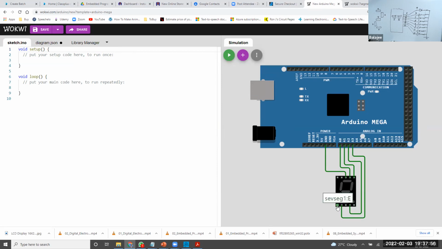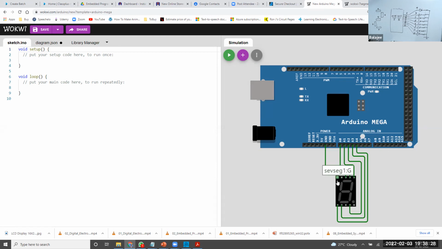Then where is E? It will take some time, fellow. I don't mind spending the time for you, because if you watch it, you will understand it. Where is F? Yeah, it's F. Where is G? G. Sorry, I connected them wrongly.